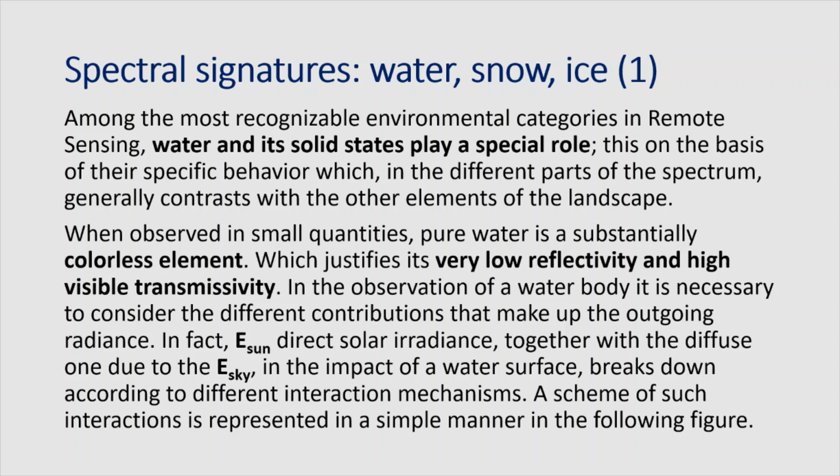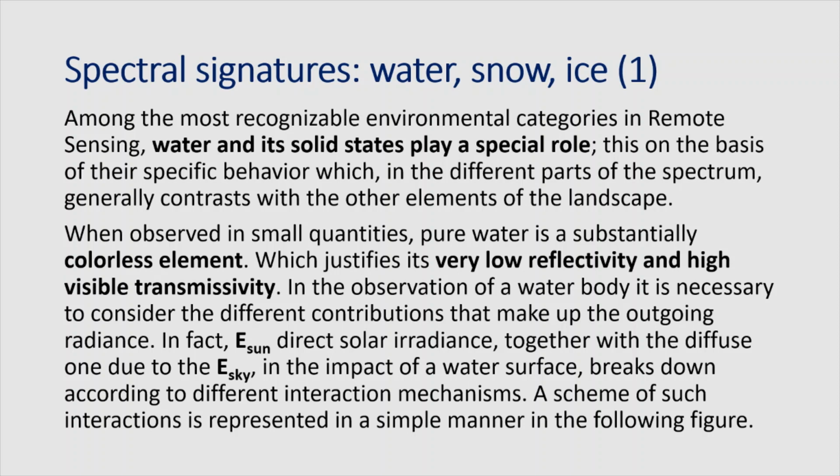In the observation of a water body, it is necessary to consider the different contributions that make up the outgoing radiance. In fact, the electromagnetic flux coming from the sun, that is the direct solar irradiance, together with the diffuse irradiance coming from the sky that is caused by, you remember, the selective scattering, on impact with a water surface breaks down according to different interaction mechanisms.